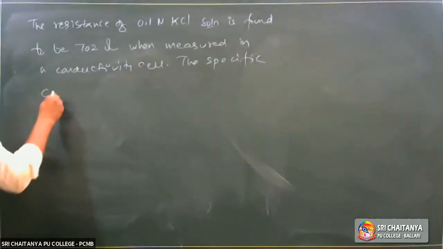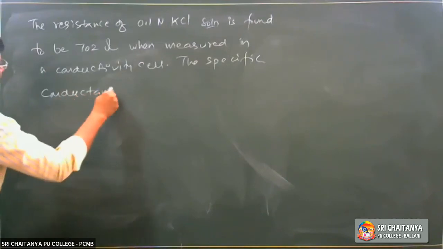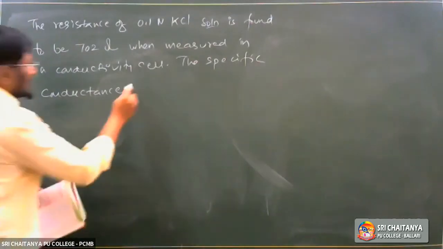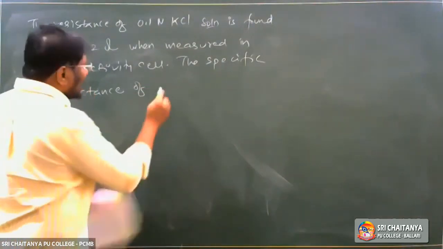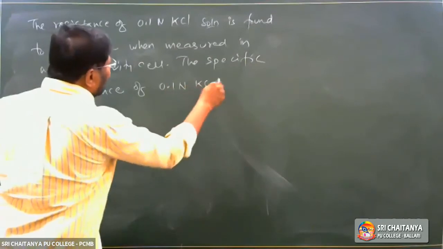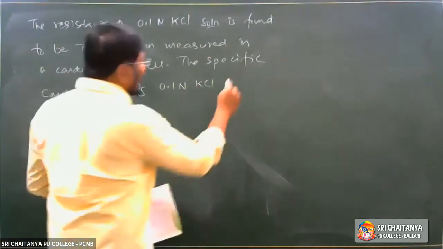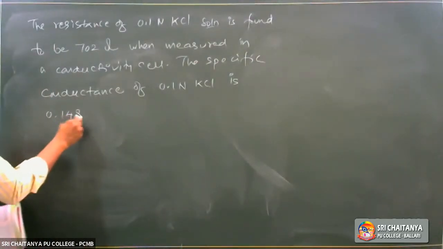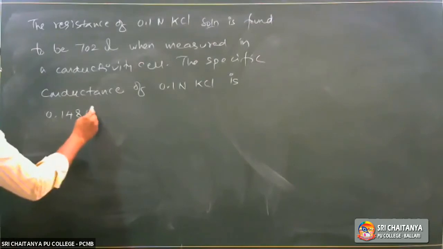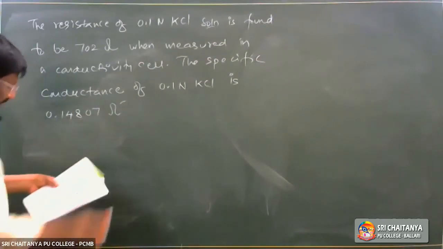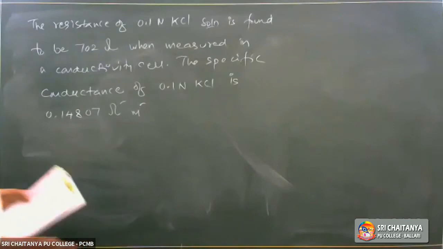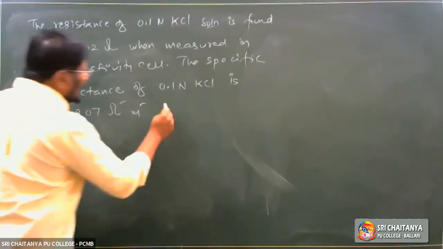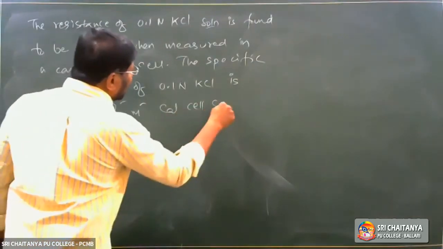The specific conductance of 0.1 N KCl is 0.140807 ohm inverse meter inverse. Calculate the cell constant.